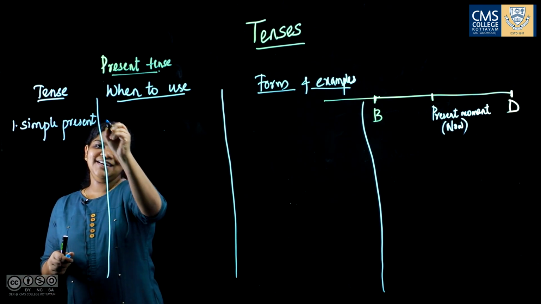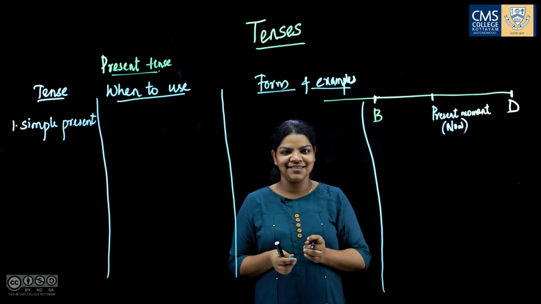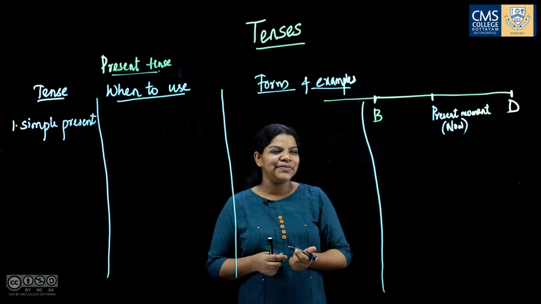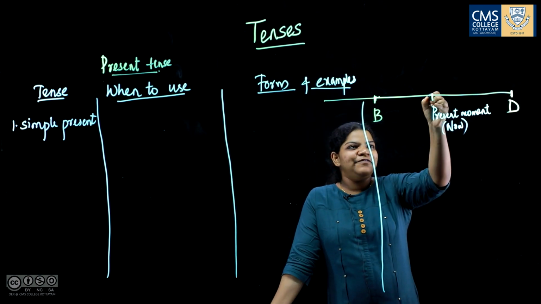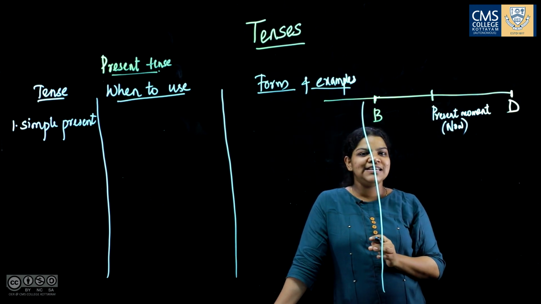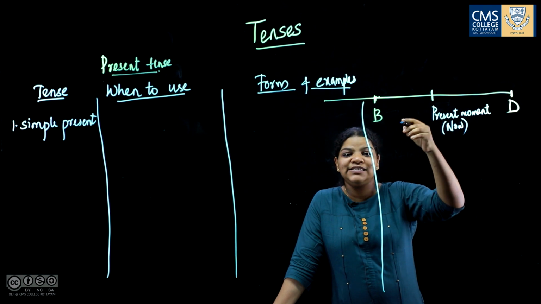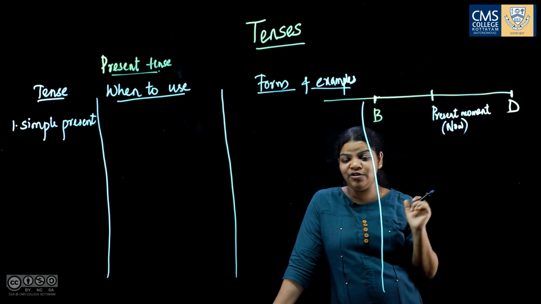And ironically, this has much less presentness in it. What do you mean by that? Now, coming back to this timeline, if this is the present moment, simple present tense is not a sentence or an action which is limited to this present moment alone.